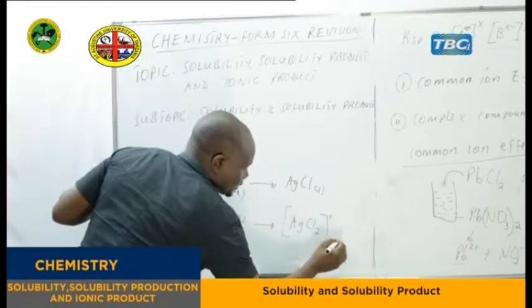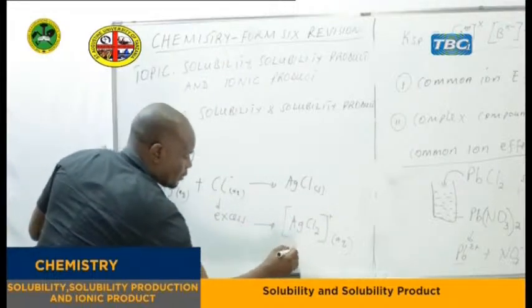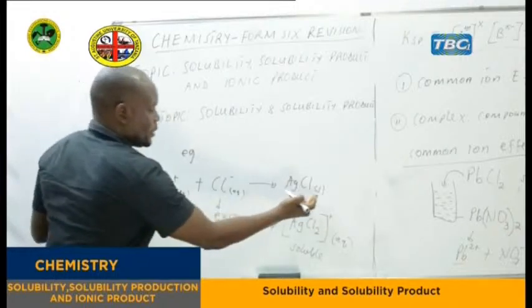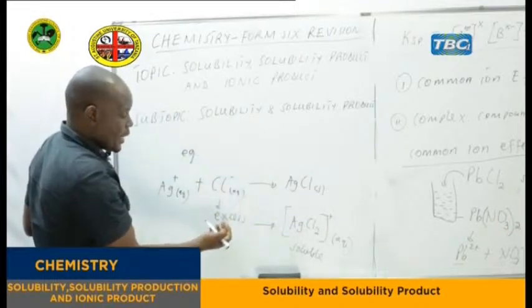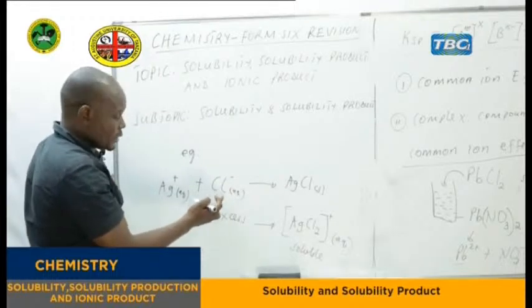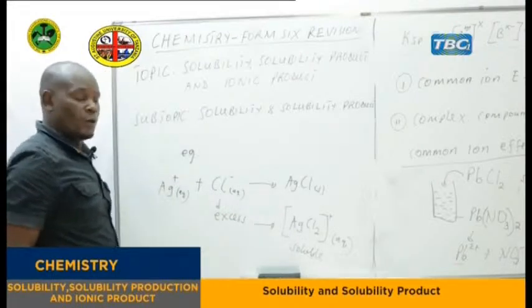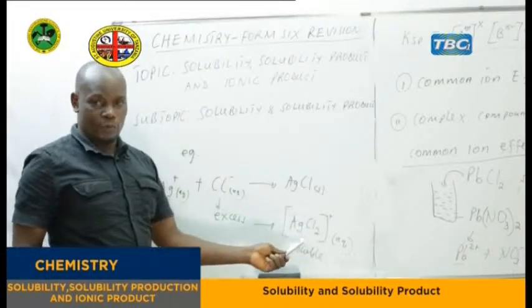And this now is aqueous, so this is now soluble. So the solubility of silver has been increased after increasing the concentration of chloride ions. That leads to the formation of a complex compound, which is our soluble compound.